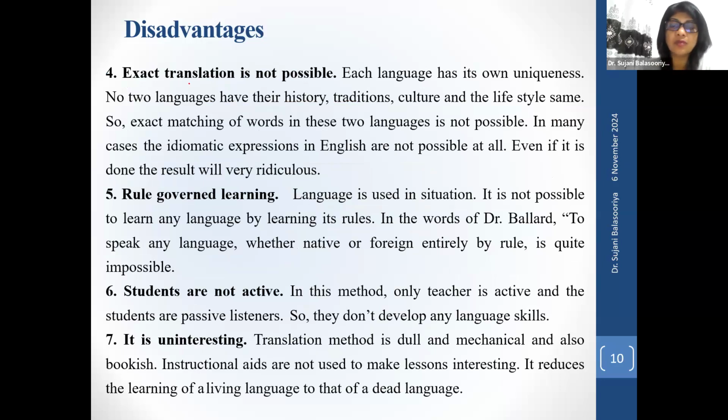It is not so because translation from one language to another language is not just translating a set of words from one language to a set of words in another language, right? It involves the culture which is represented by that so-called language. Not only the culture, right? When you talk about culture, it includes a lot of things: lifestyle, traditions, history.